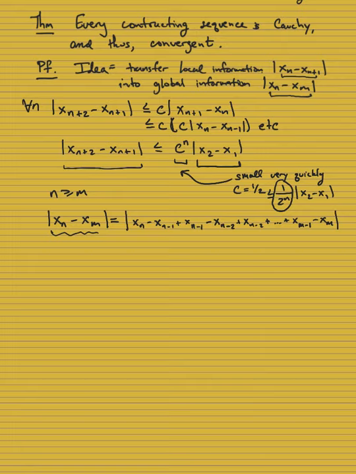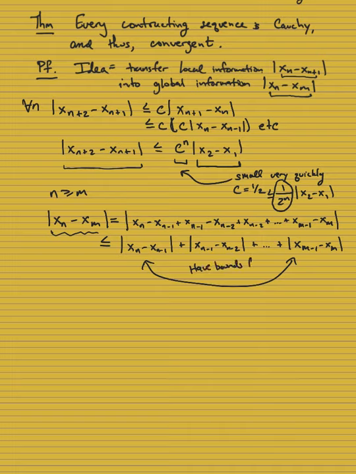All right, and now by kind of repeated application of triangle inequality, we get xn minus xn minus 1 plus xn minus 1 minus xn minus 2, and so on, all the way to xm minus 1 minus xm. And now, what you notice is that we have bounds for each of these by contraction.